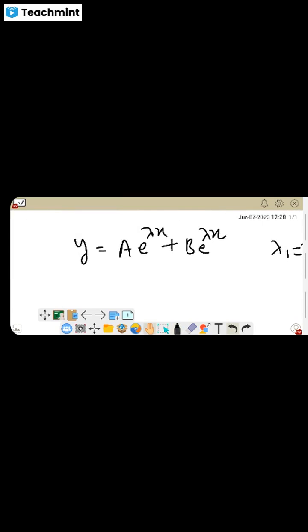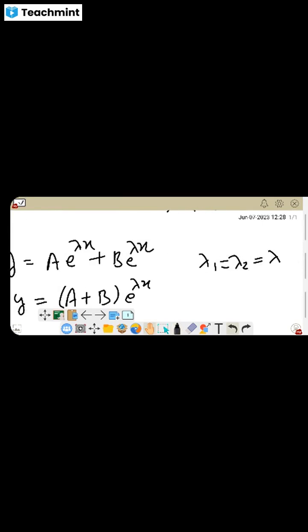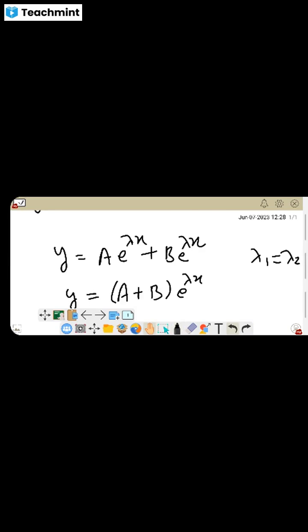Then we have this, or we can write a plus b into e to the power lambda x. This is the required solution when these values are equal. Do you have any doubt? Shall I explain again, or is it clear? I understood. Okay, now let's do a question.